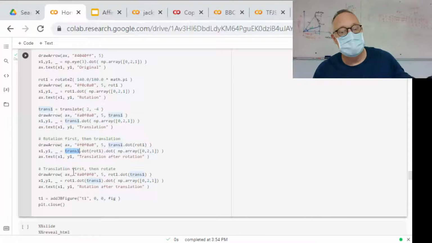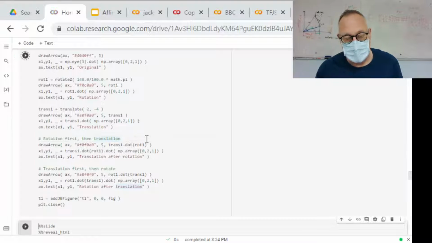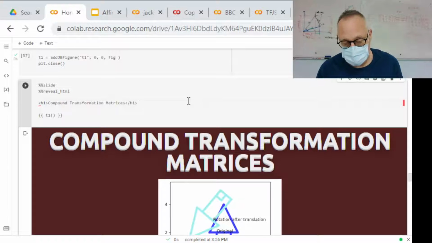So it's right to left, and dot is the numpy function in order to do matrix multiplication. So this means multiply rot1 by trans1 next. So this corresponds to rotation first, then translation. Here we have translation first and then rotation. And here are the corresponding figures.